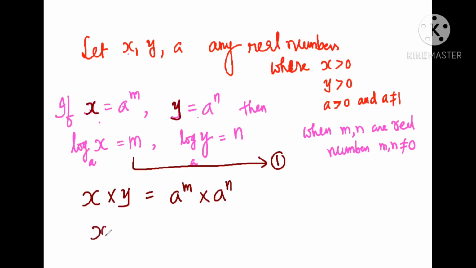Then xy can be written as a to the power of m plus n. According to the laws of exponents, when the bases are equal, exponents should be added. So a to the power of m plus n. Now this is the exponential form of the number.